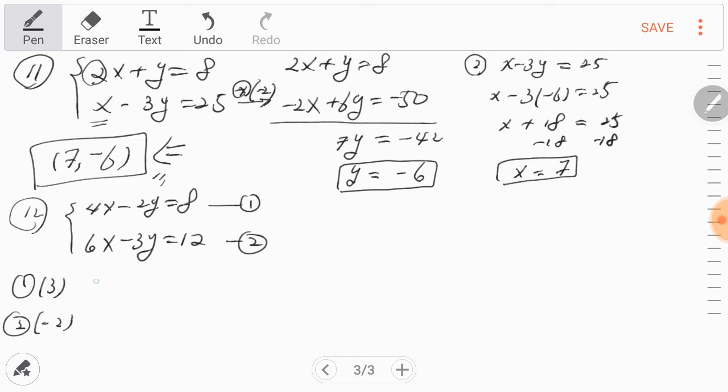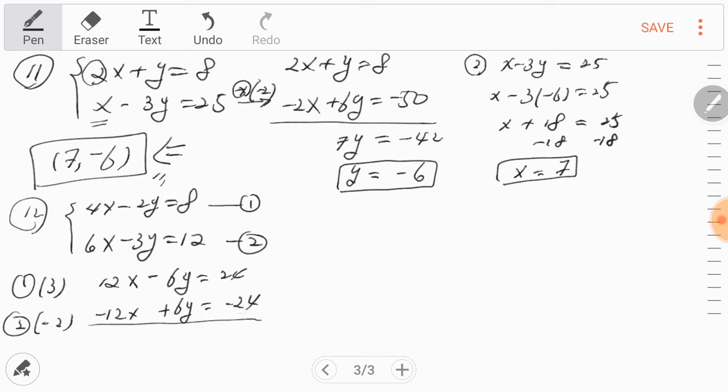Multiply the first equation by 3, so that will be 12x minus 6y is equal to 24. And the second equation, multiply by -2, then -12x plus 6y is equal to -24.